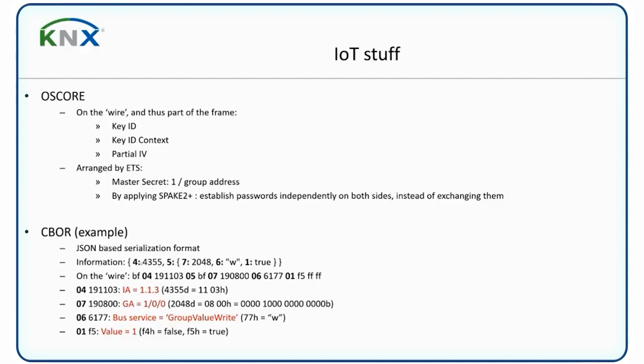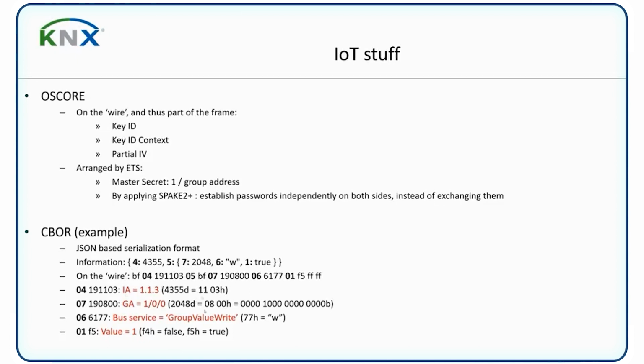And what we actually exchange on IoT devices are the typical, let's say, group value write telegrams, right? Well, the way this is transported over the wire is by means of CBOR, another technology, and also for that reason I have put it here on the slide.